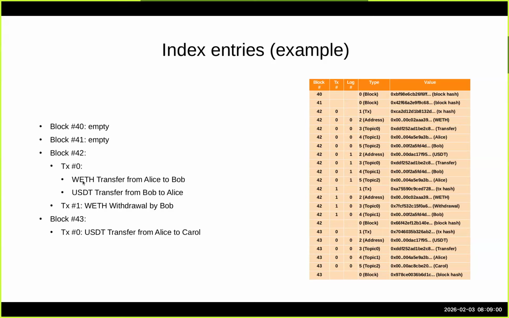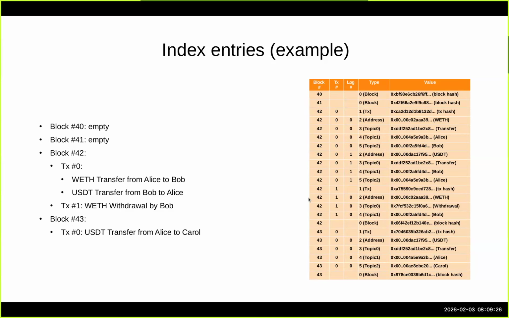There's a block with a transaction with two log events, a WETH transfer and a USDT transfer, then a second transaction with a withdrawal, and another block with another USDT transfer. This is enough for some simple examples. As you can see, this is the chronological ordering.